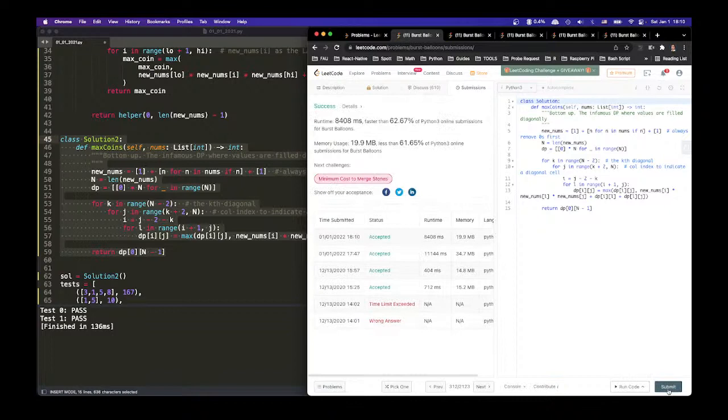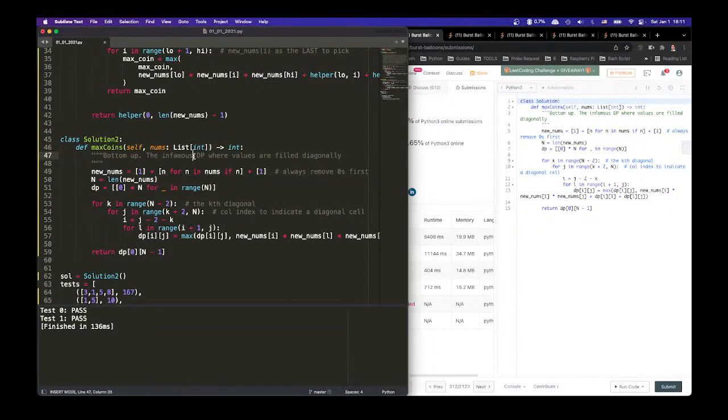Because these two solutions are exactly the same as these two, and they are like, well, exactly 20 times slower. 20 times is about 8,000 milliseconds, 20 times is like 14,000. So yeah, they definitely changed.